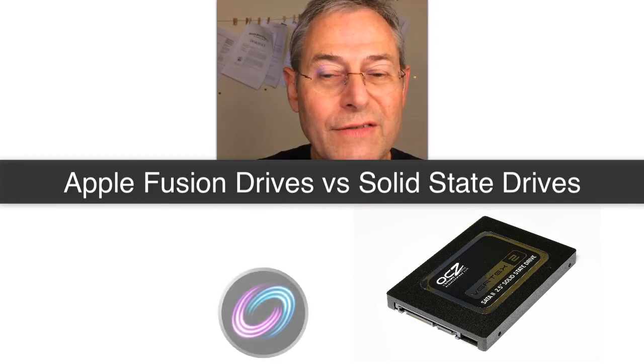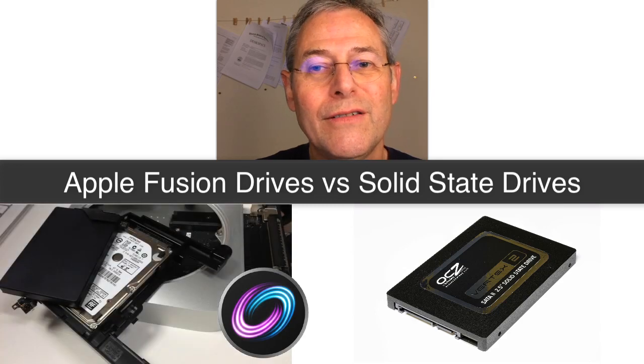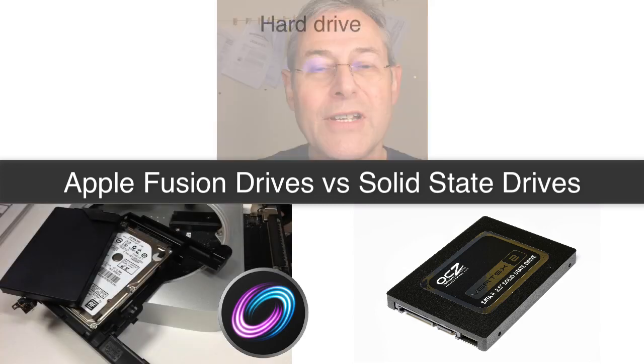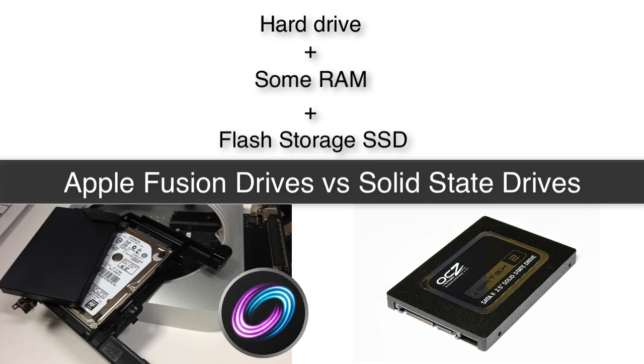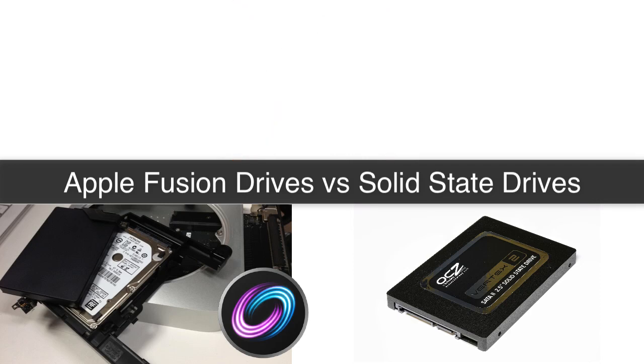A fusion drive is a combination of an Apple computer's hard drive and some of its RAM, and maybe an SSD as well, but it's basically various things put together, which is not what you want for FileMaker Server, because if one of those bits fails, the whole thing is going to go down. So just in case that ever came up, do remember a fusion drive may be great for a workstation, but it's absolutely not what you want for a server.